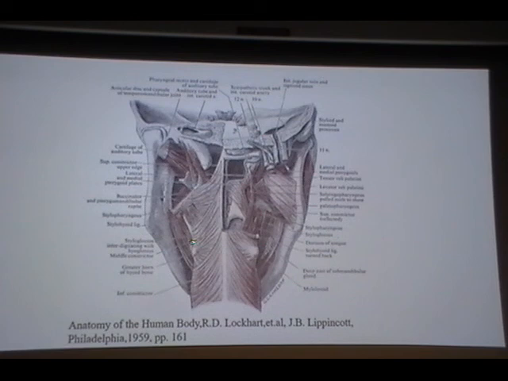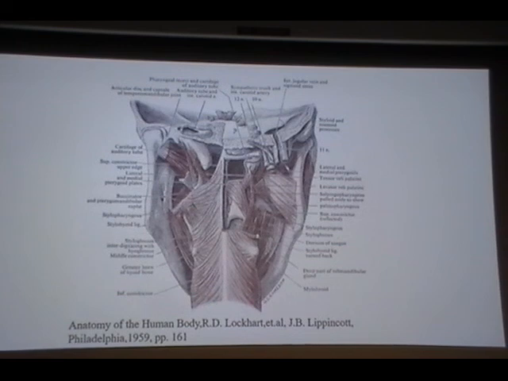Okay, down here, we're already past the oral cavity. Here's the soft palate. Here's the uvula. We're looking at the back of the tongue. Here is the middle constrictor coming down, and then it's overlapping the inferior constrictor that takes it all the way down to the laryngoesophageal junction.